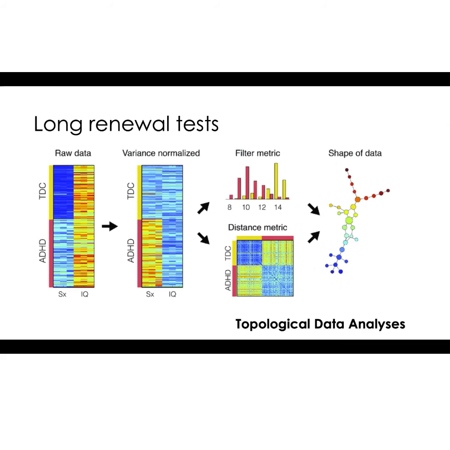And then using that distance record to create a topology or a network that represents the data in terms of how similar or different individual records are from each other. And so how are they arranged in space according to their basic characteristics.